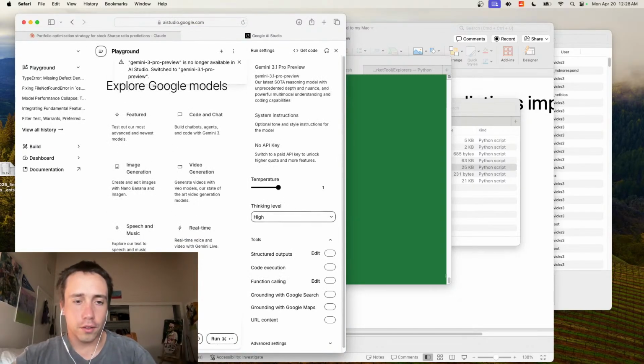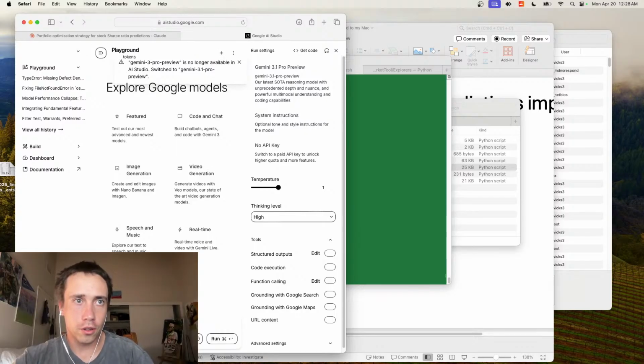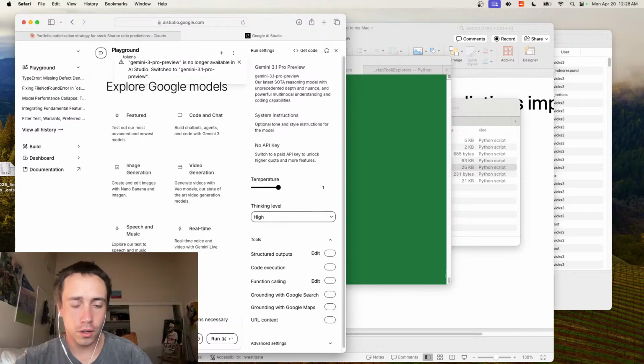Okay, so I have this code which implements the functions necessary for incorporating hierarchical risk parity into my portfolio strategy.